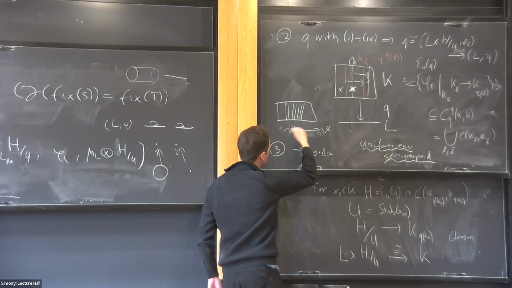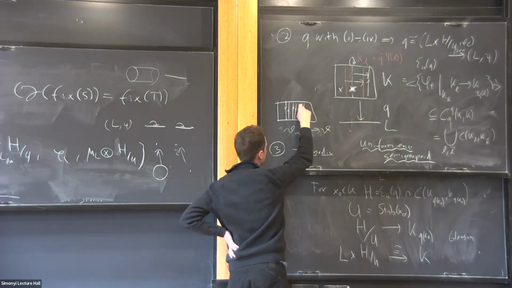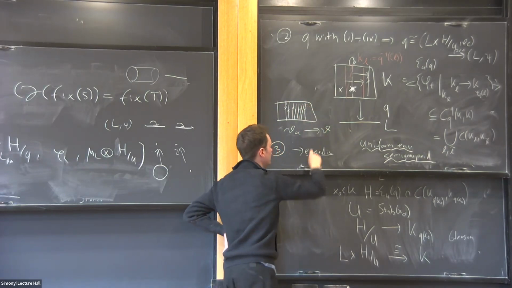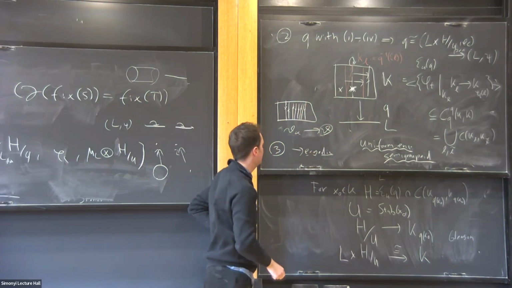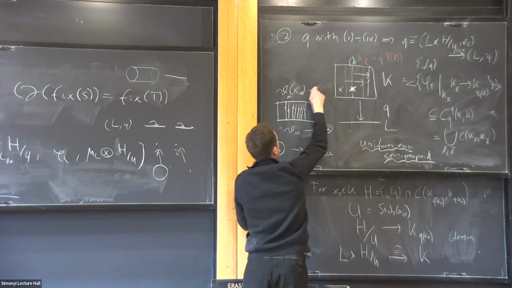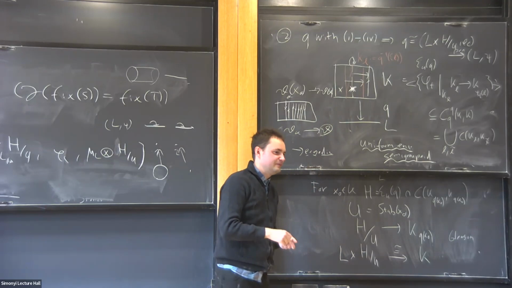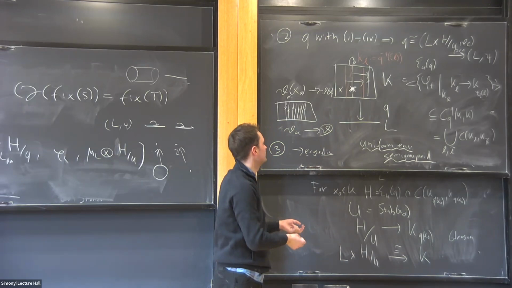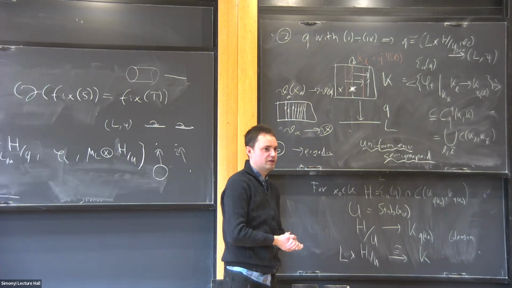But also, whenever I have a net of points in these fibers converging to a limit point in the fiber corresponding to the limit of my net, then I want that the images converge. And so all these methods are very topological. So I don't know how you would write down something like this in a measure theoretic framework.